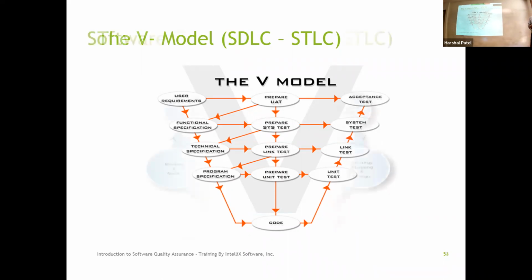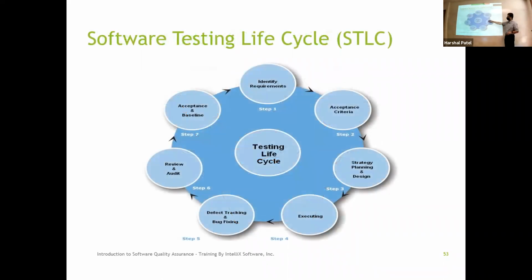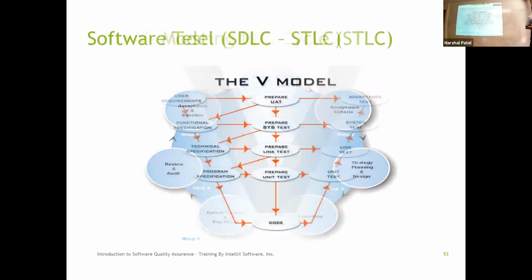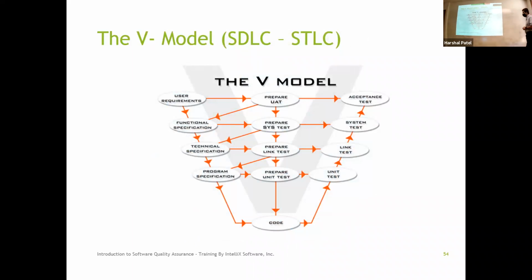So if I think about this one, strategy, planning, and design, well, how do I do this task in detail? Think of that. So in this model, essentially on this leg of the V, you design and you build. And on this leg of the V, you validate and execute it. Okay. So let's start with it.